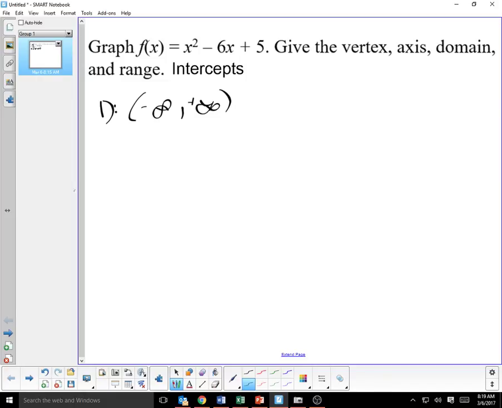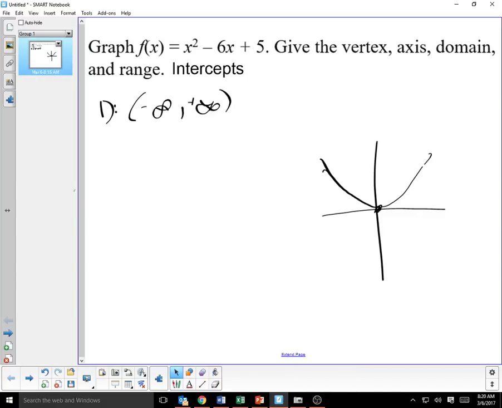Because if that parabola is centered at the origin, then the range would just be 0 to infinity, or all positive if you want. But if that parabola gets shifted up, then the range would be from that point up.